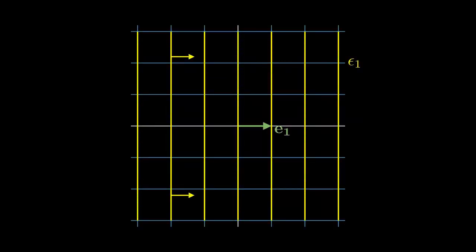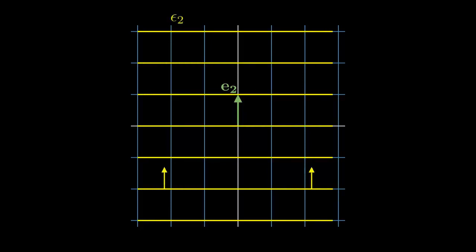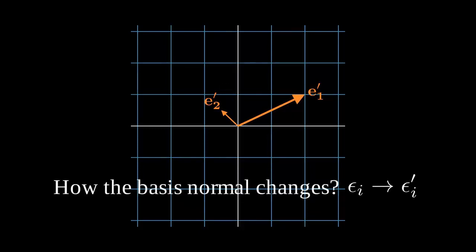For a standard basis, there is the basis vector E1 and the corresponding basis normal epsilon1, the basis vector E2 and the corresponding basis normal epsilon2. When the basis changes from e i to e i dash, how does the basis normal change from epsilon i to epsilon i dash? This is the theme of this video.